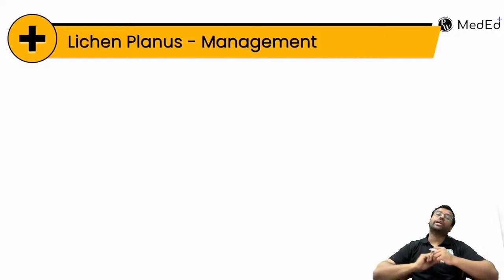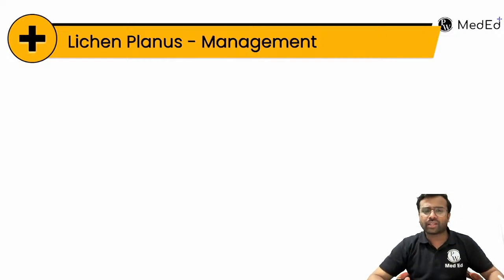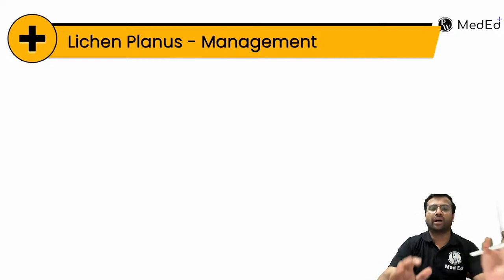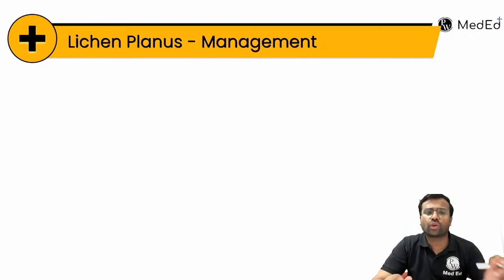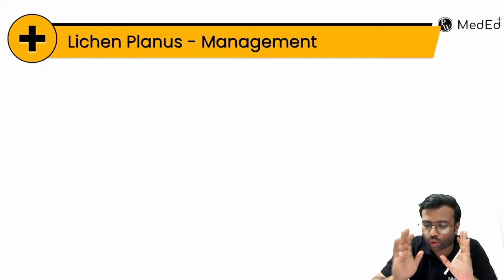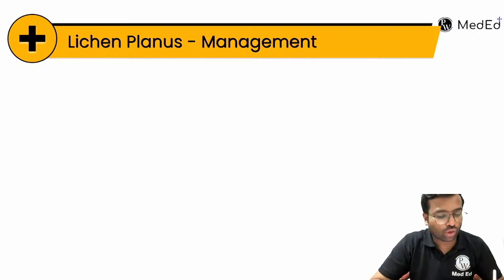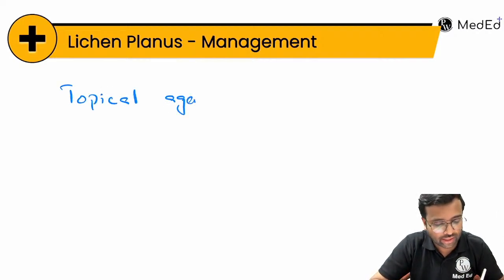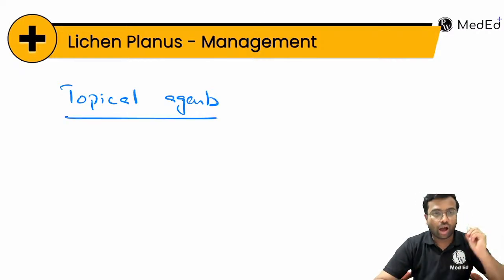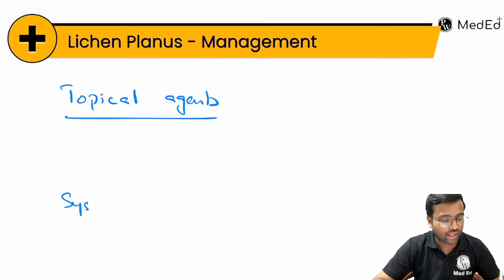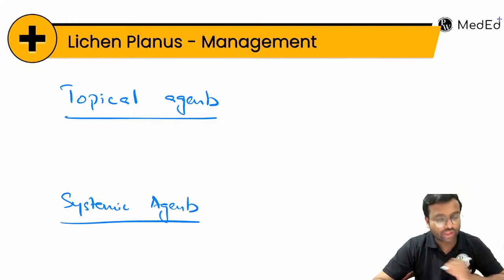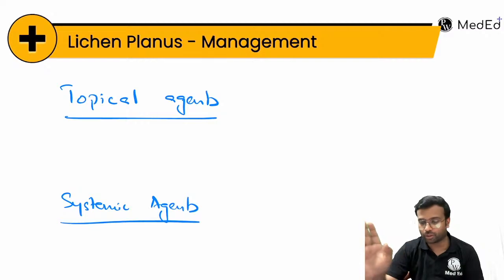So how do you manage lichen planus? Since it is an immune related condition, we will again stick to our rule. What was our rule? For anything in dermatology, we will always write about topical agents first. After topical agents, only then we write about systemic agents. This is going to be our rule for all dermatology cases.